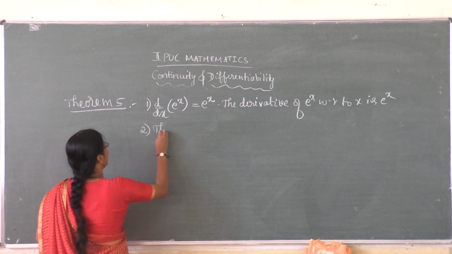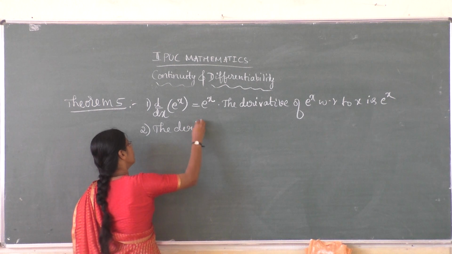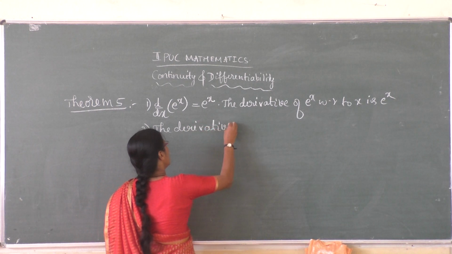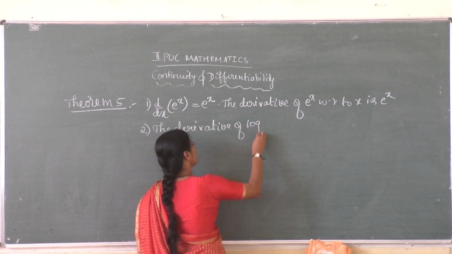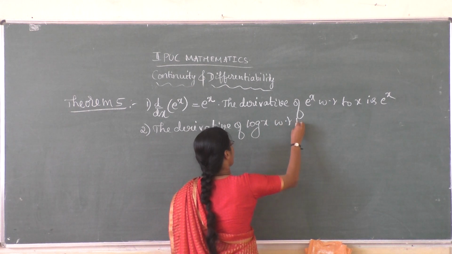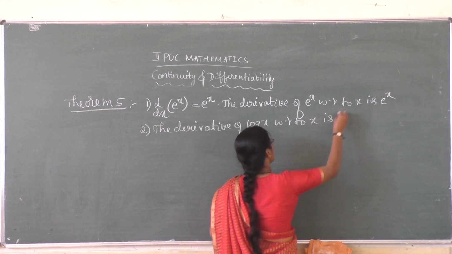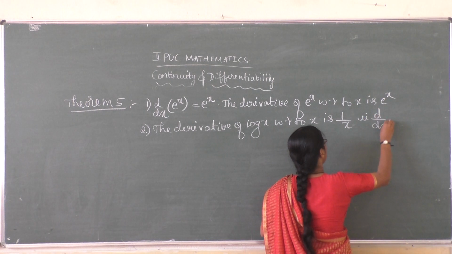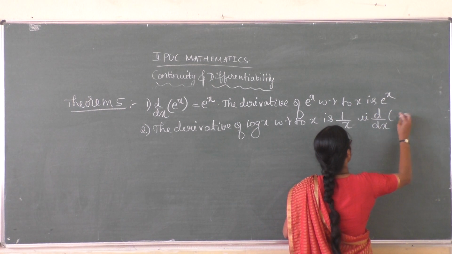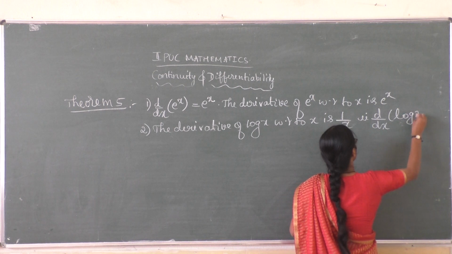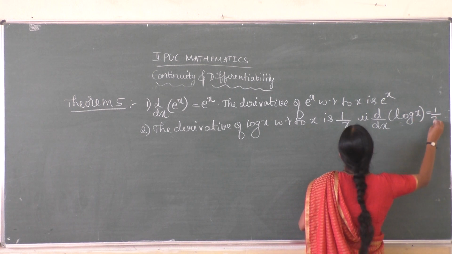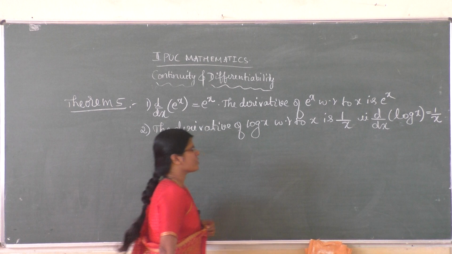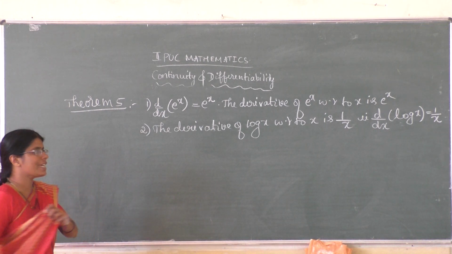Similarly, the derivative of log x with respect to x is 1 by x. That means d by dx of log x equals 1 by x.